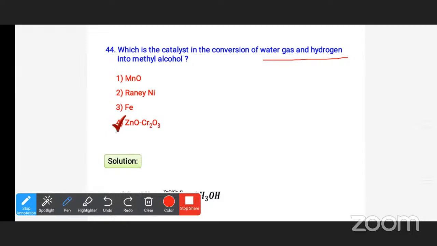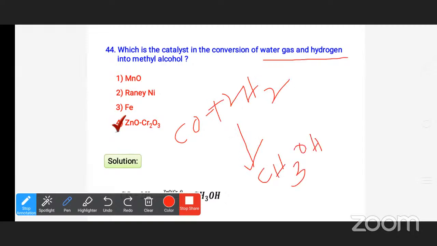CO and H2, carbon monoxide and H2, is called as water gas. So CO plus 2H2 gives rise to methyl alcohol, CH3OH, in the presence of zinc oxide, ZnO, chromic oxide, Cr2O3, and 200 to 300 atmosphere pressure, 573 to 673 Kelvin temperature.